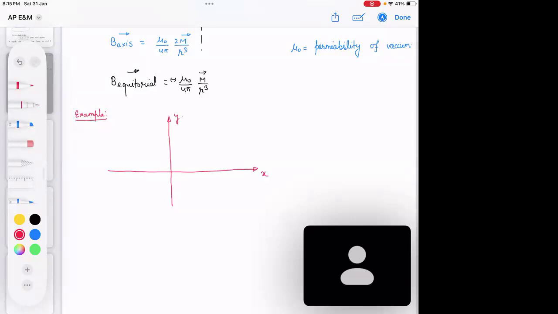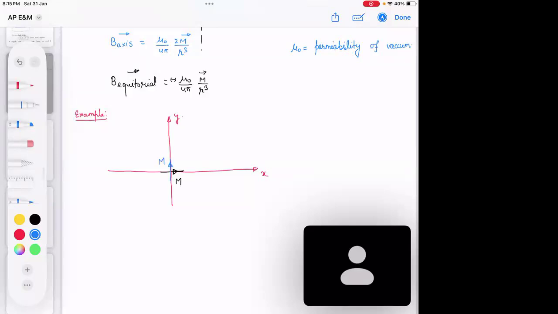And we put a dipole like this. What does this arrow represent? This arrow represents the direction of the dipole, and the dipole magnetic moment is M. There is one more dipole kept along the y-axis, the blue dipole.